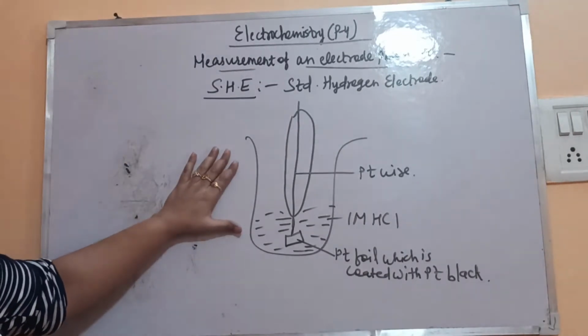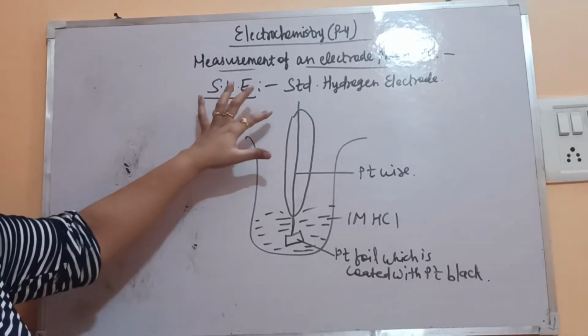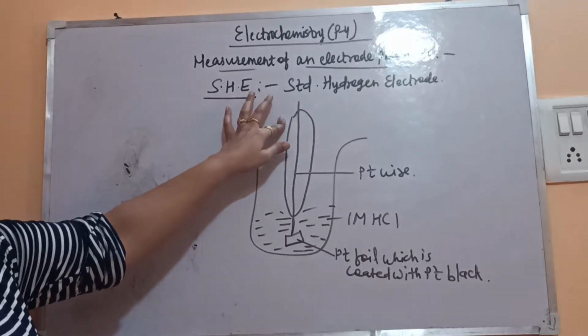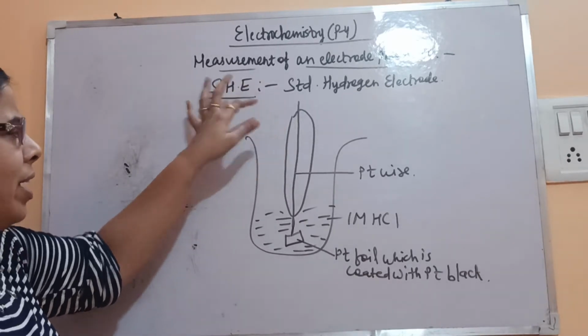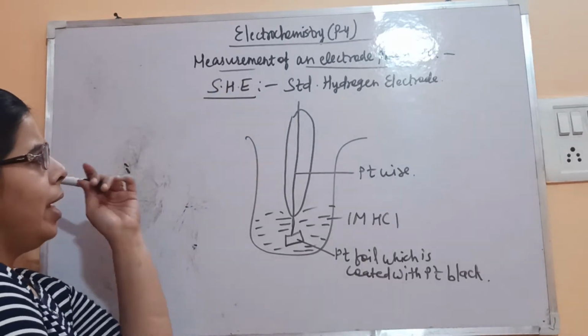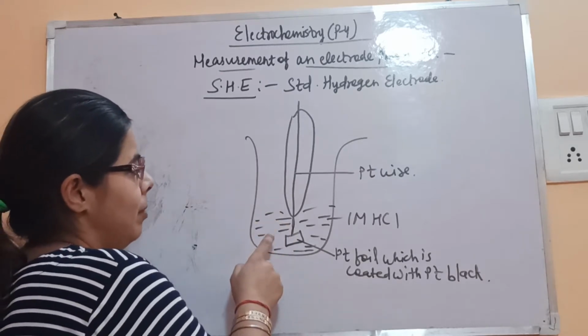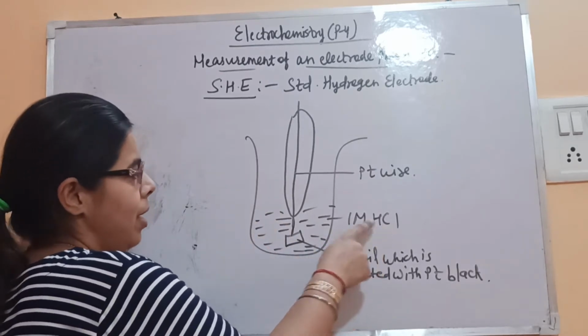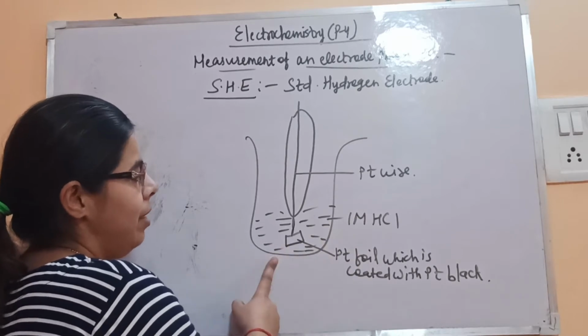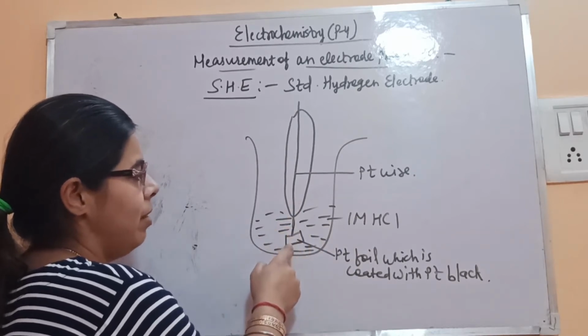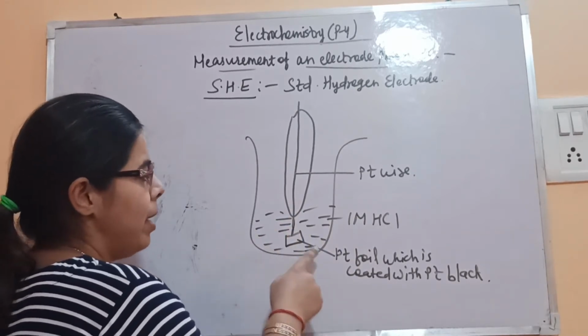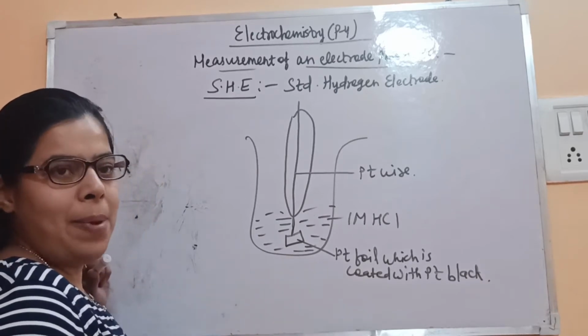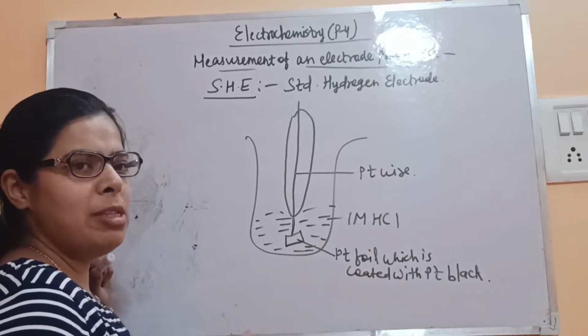We have taken the beaker in which we have taken the platinum wire because it's inert and does not take part in the reaction. It is dipped in 1 molar HCl solution because standard. Then we have attached this wire with the platinum foil, and this platinum foil is coated with platinum black, means platinum black metal.